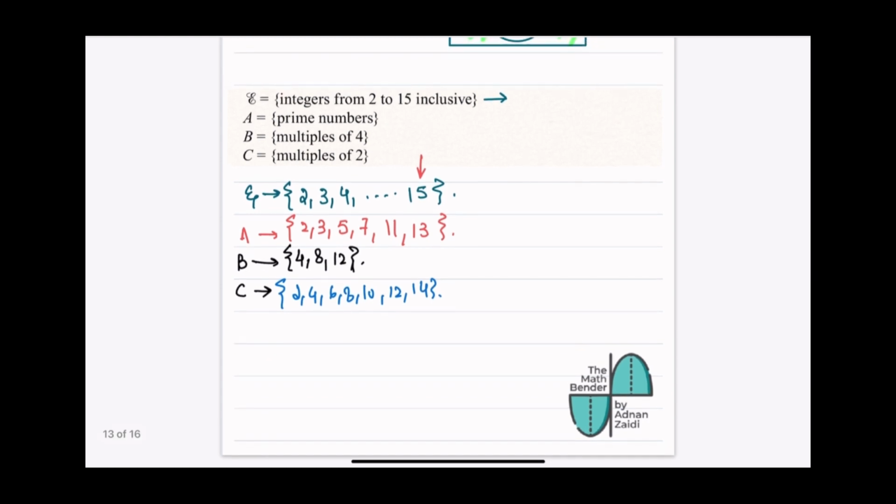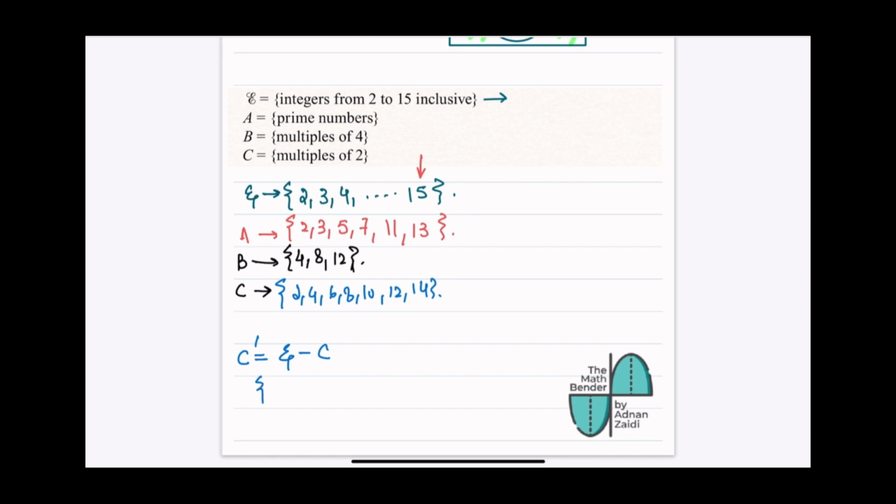Now if I say find C complement, it means all the elements minus, subtract C from it.